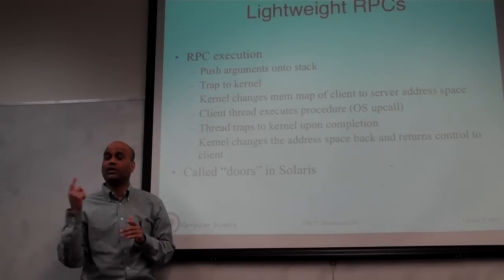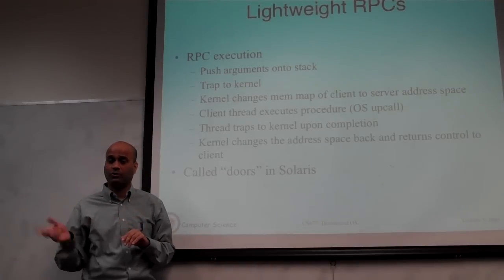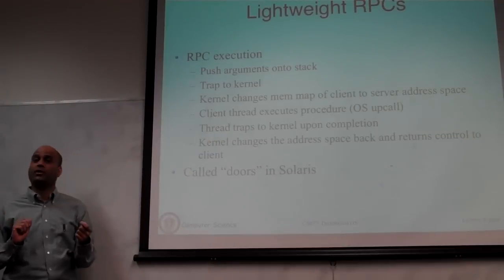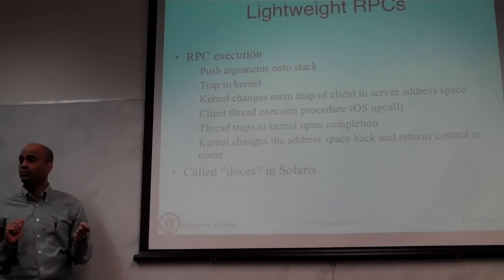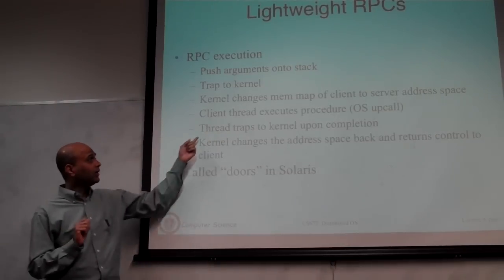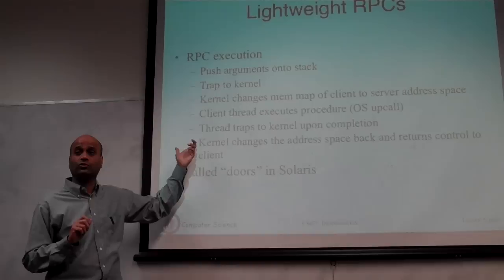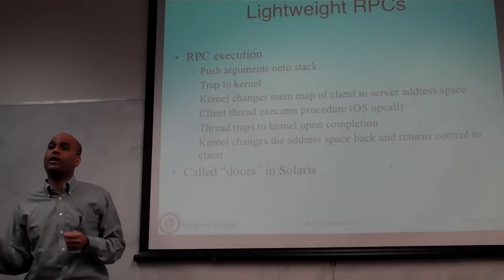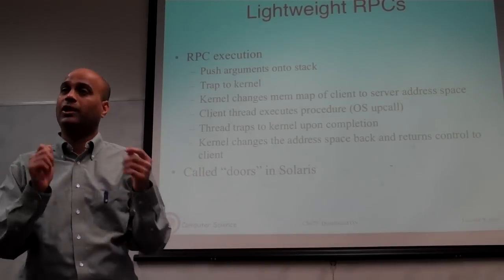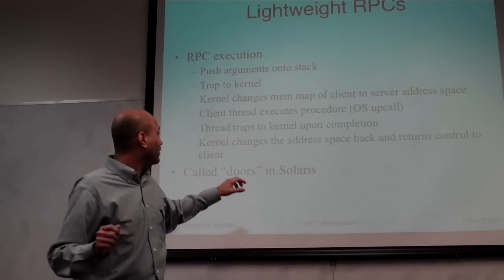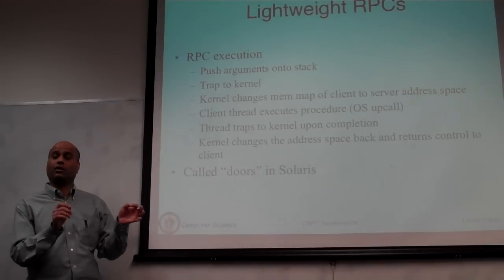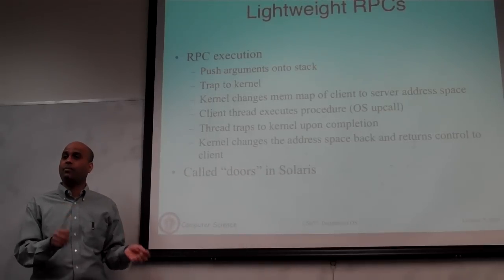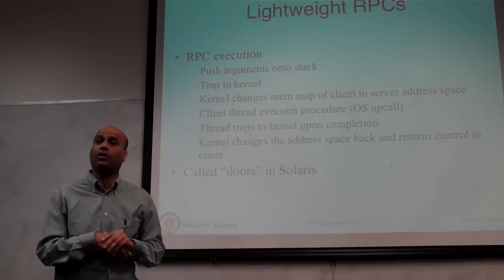Rather than explicitly sending a socket message or a TCP message, you are essentially passing a buffer from the client to the server. And then the server is going to execute it, and the reply is sent back the same way. The reply is put in that memory region, and then the kernel reverses the mapping so that that memory region again belongs to the client.